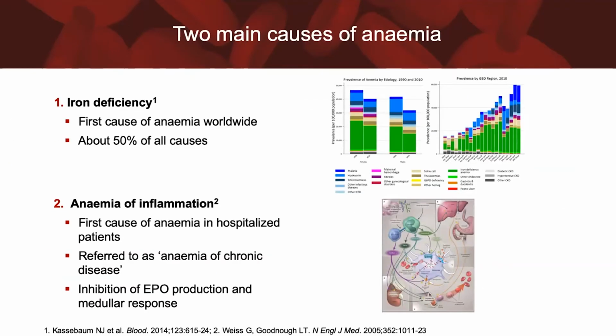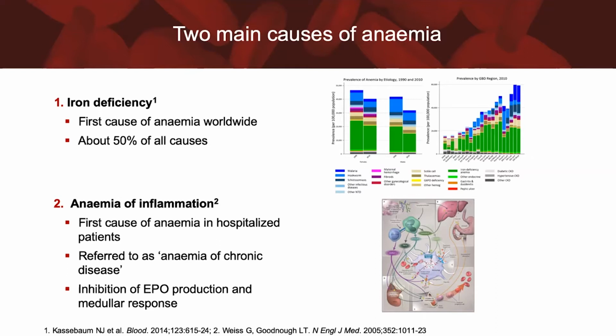To treat anemia, we should know the main causes. The first cause worldwide is iron deficiency, and you can see here that the green in these bars indicates the prevalence of iron deficiency among all the causes of anemia, and it represents around 50% in every part of the world. The second cause of anemia is anemia of inflammation.